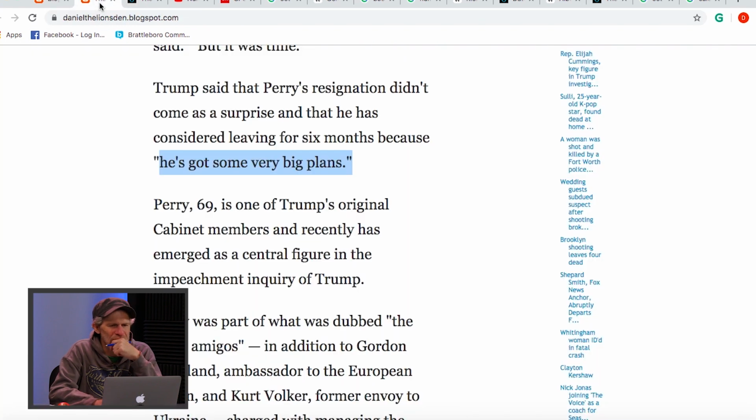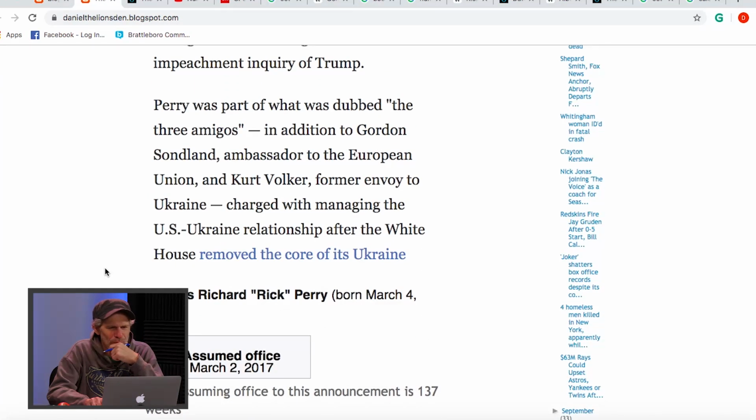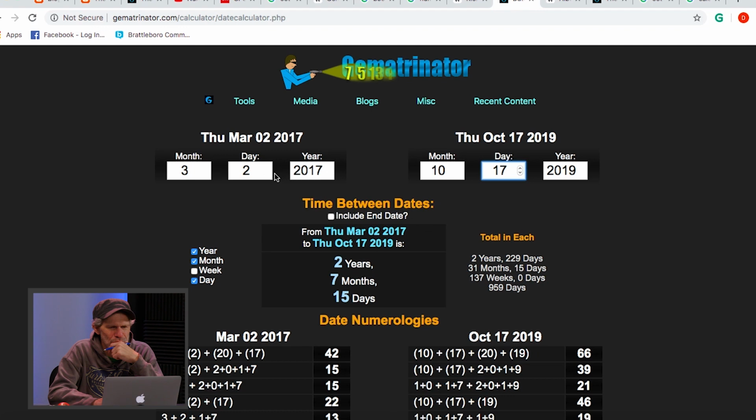You know, talking about Rick Perry, the original cabinet members, born on March 4th. So we didn't do from his birthday. We could do that. So from his birthday to the story is 227 days.